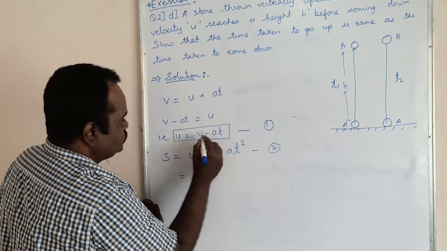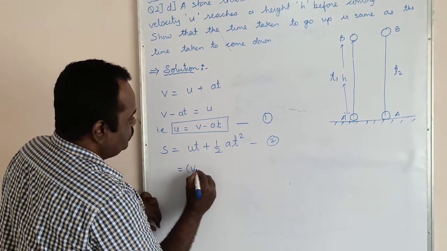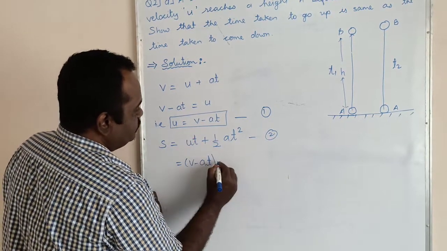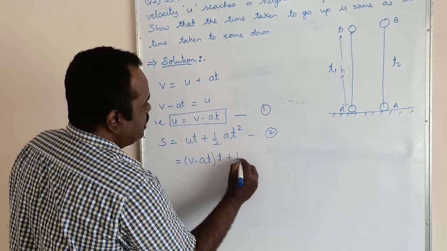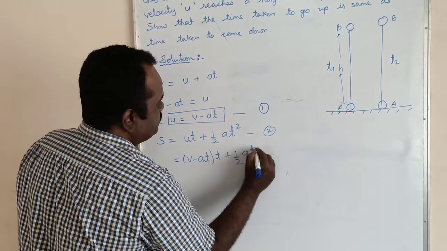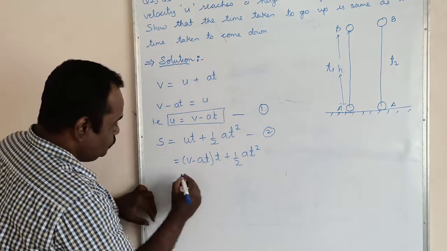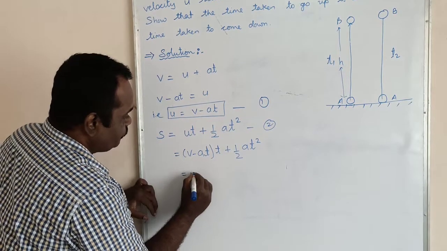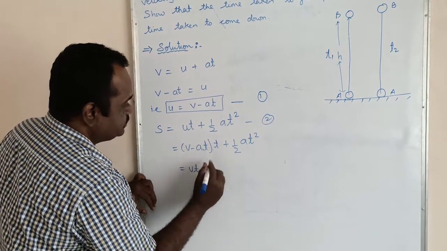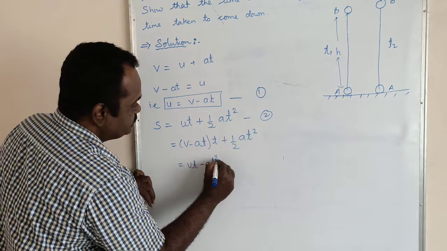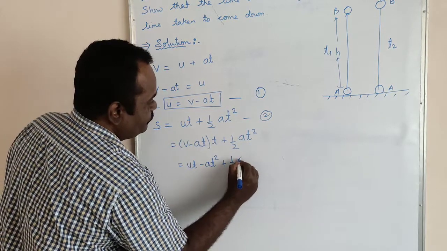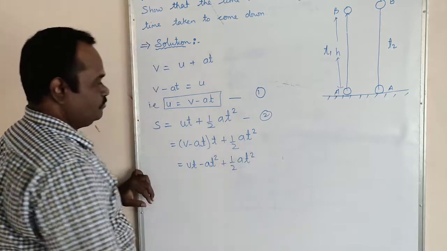What is u? v minus at, multiplied by t, plus half at square. Now let us multiply this into the bracket: vt minus at square, plus half at square.